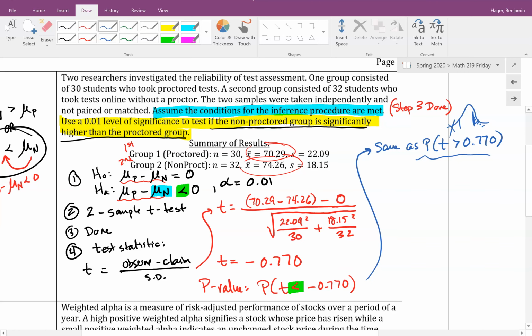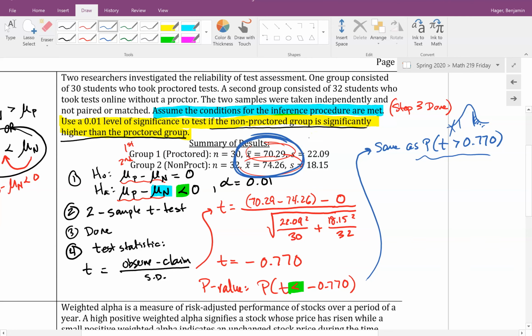Okay. Depending on how low that probability is, what that probability is, it's the likelihood of getting the results we got, assuming that there should be no difference in the scores. If the null is true and there's no difference in the scores, then the p-value represents the probability that we would get that difference in scores.